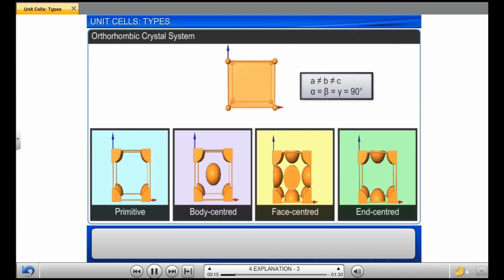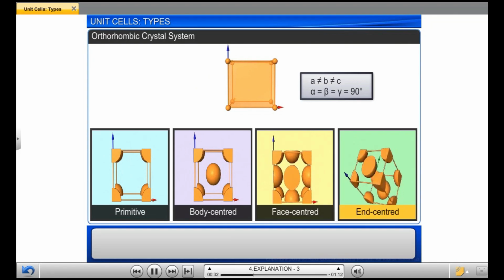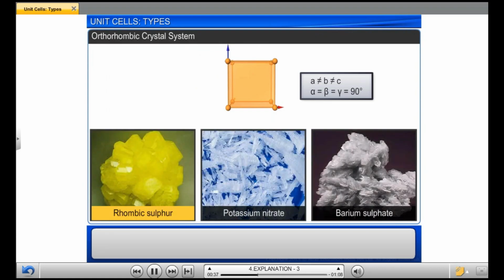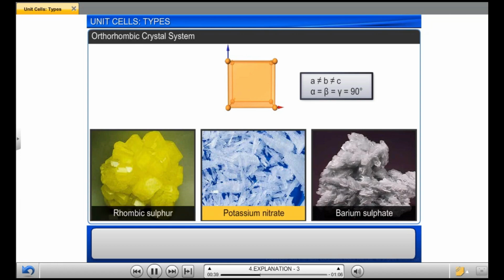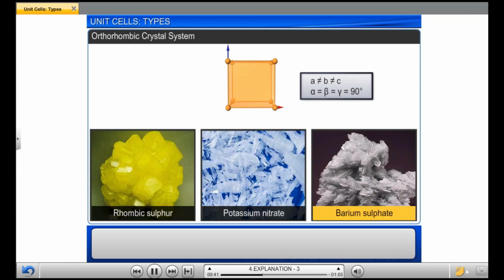The possible lattices are primitive, body-centered, face-centered, and end-centered. Rhombic sulfur, potassium nitrate, and barium sulfate are examples of this type.